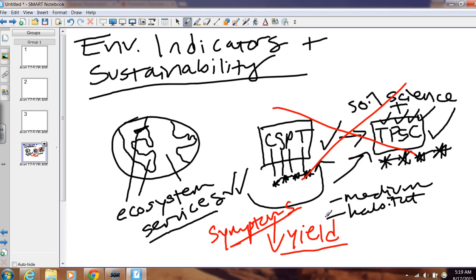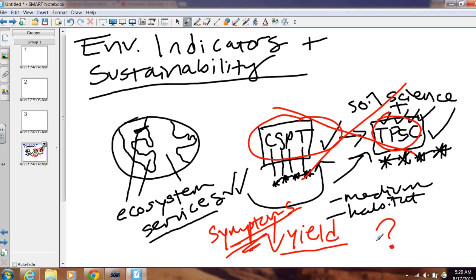So it's really like if you have a decrease in yield of harvest, then it's definitely an indicator or what we would also call a symptom. And it's describing that the current state of this system here is degraded. And what do we have to do to fix it? And so that's where environmental scientists come in, and there's so many different areas in environmental science that you can go into.